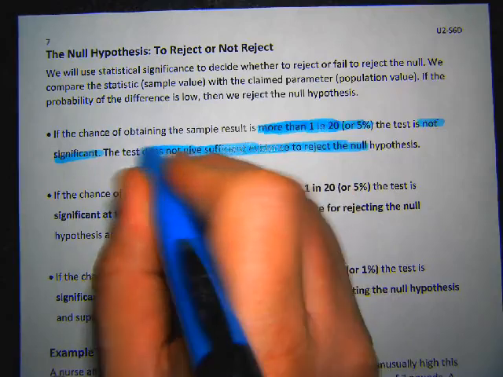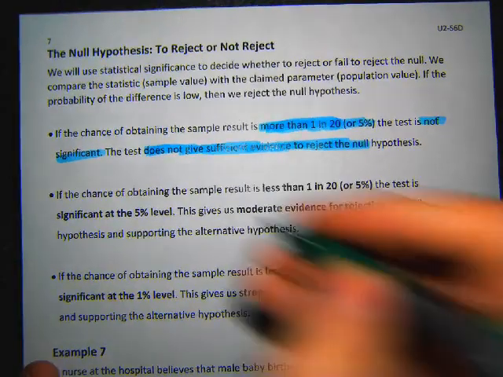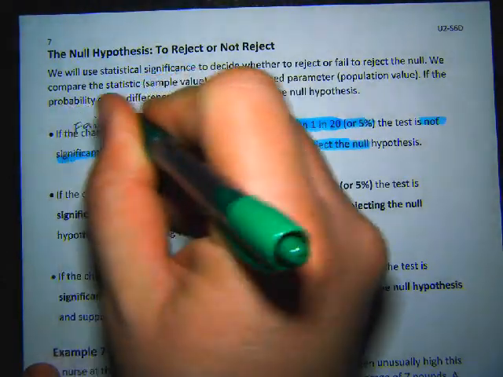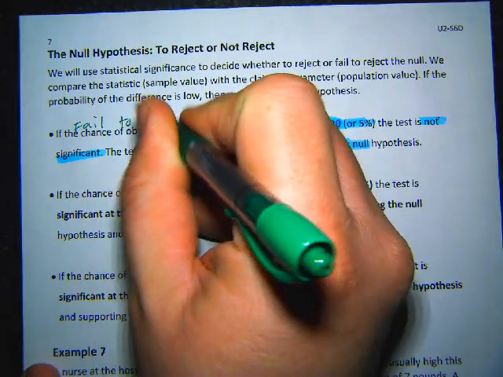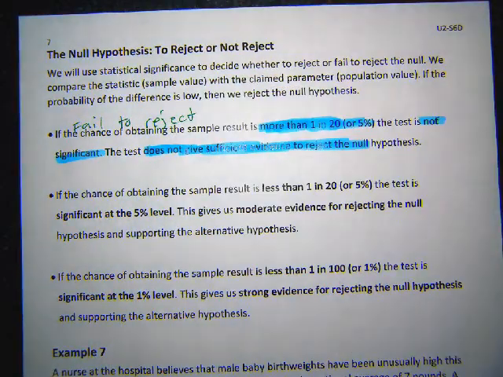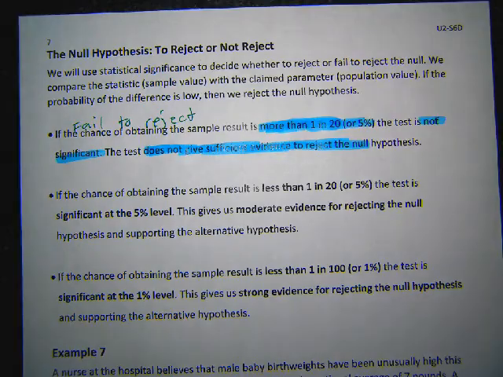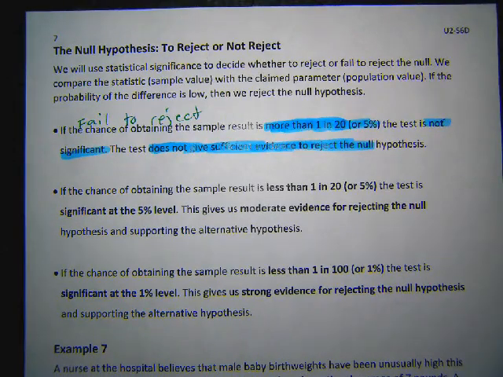So this is when you say, I failed to reject. Anytime your probability is too high, we call this the p-value, the probability value. When your p-value is too high, the likelihood of getting the result is too high. It's so close to the actual value that you can say, hey, we could just get that by chance. It's very likely to happen. Then we fail to reject.